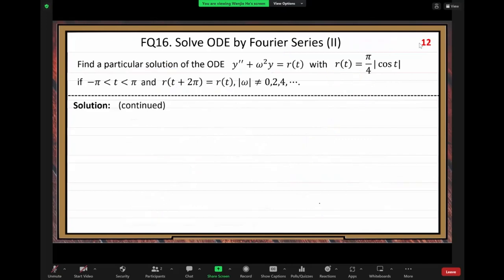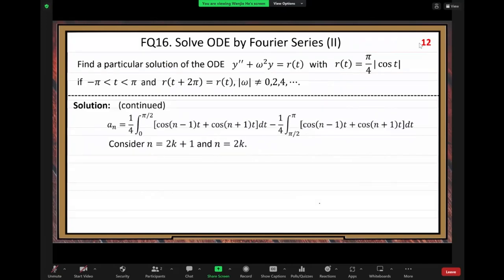All right. First let's look at the odd case. For the odd case, you can see n minus 1 and n plus 1 are all even numbers. And for even numbers, when you take the integral, you get a sine of an even number times t. Then you plug in pi over 2, 0, pi.